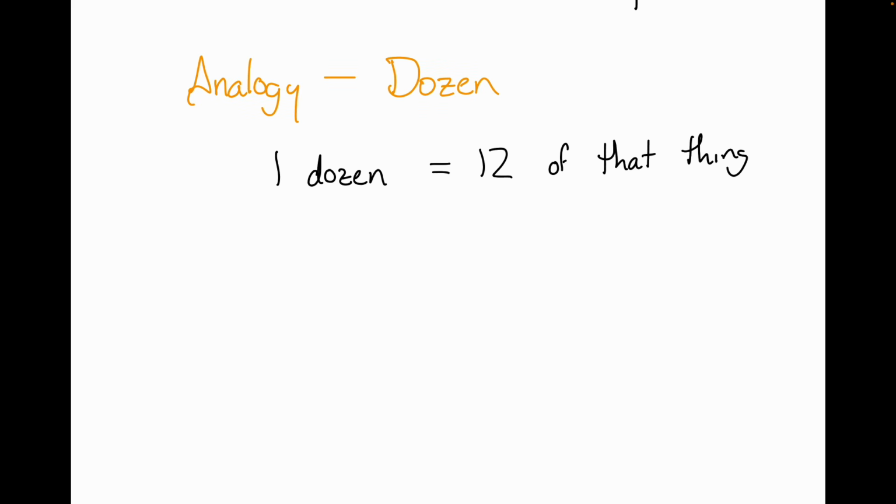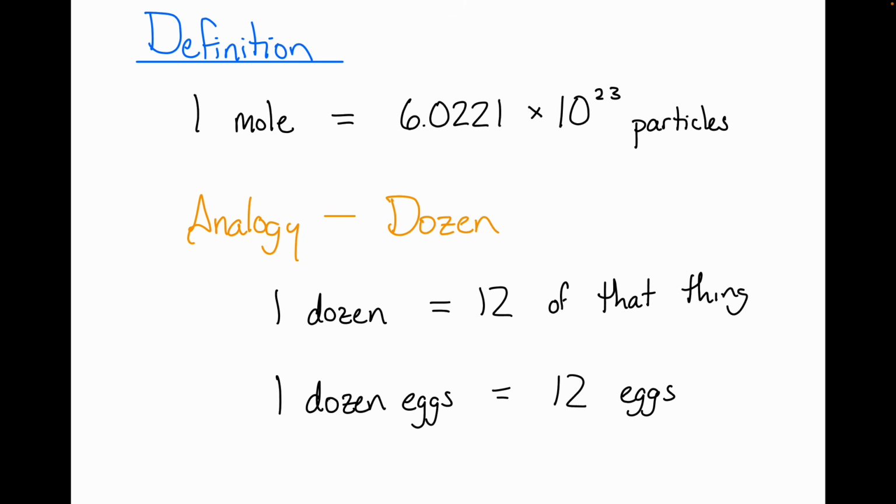So for example, if I said that I had 1 dozen eggs, you know that I have how many eggs? 12 eggs. All right, just like if I were to say I had a mole of helium, you would know that I had 6.0221 times 10 to the 23 helium atoms.